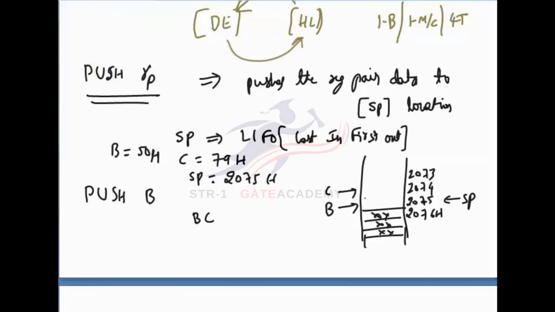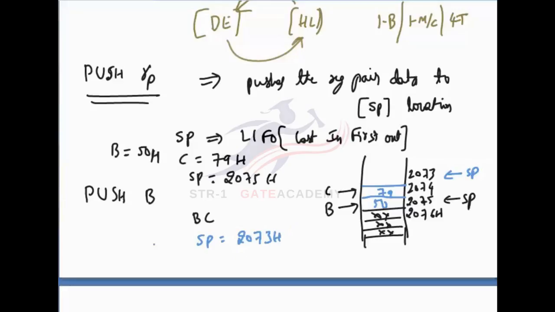So what is B register data? 50H is stored here, right? Then C register data is 79H. Then what is the indication of the stack pointer? Here. Now the stack pointer location is 2073H.